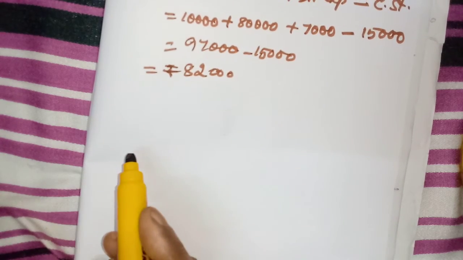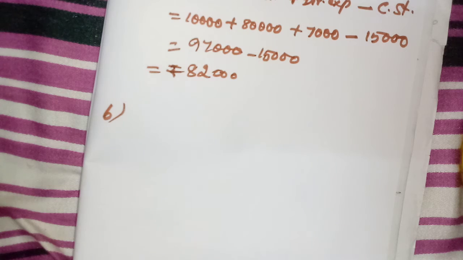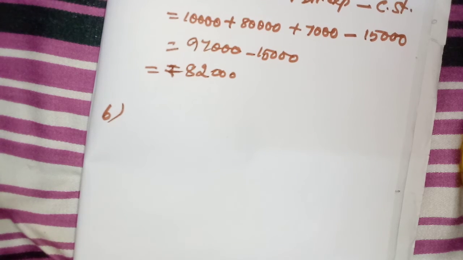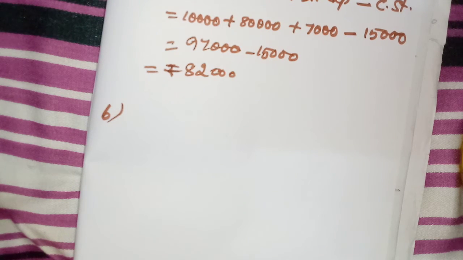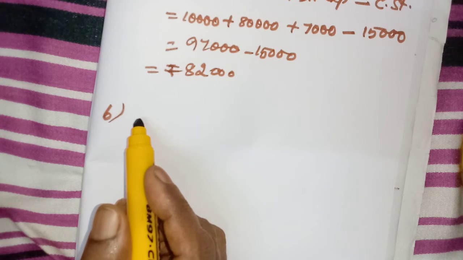Okay. Now, the sixth problem we will do. Here, find out the amount of sales from the following information they have given. What is given? Opening stock, closing stock, purchase less return, gross profit margin given. Gross profit percentage is given on sale. We have to calculate the sales. Okay.